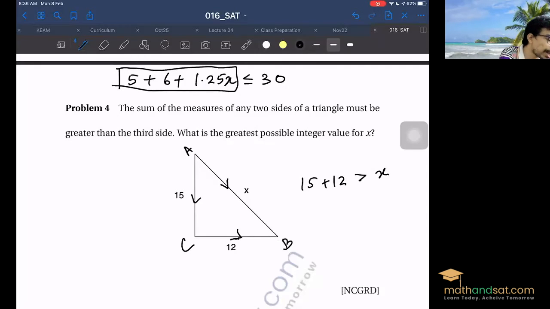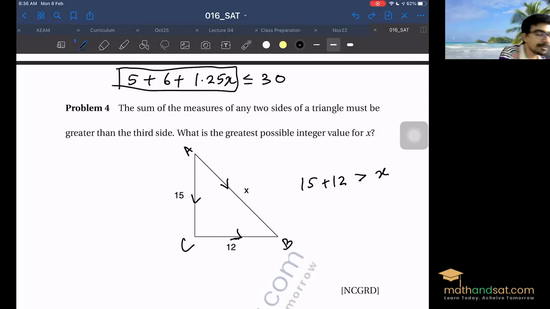Of course, this is not a right angle, okay? If this were a right angle, we could find the value of x as a unique number. So don't worry about this angle. It's not given that it's a right angle. It just looks like a right angle in the figure, that's all.